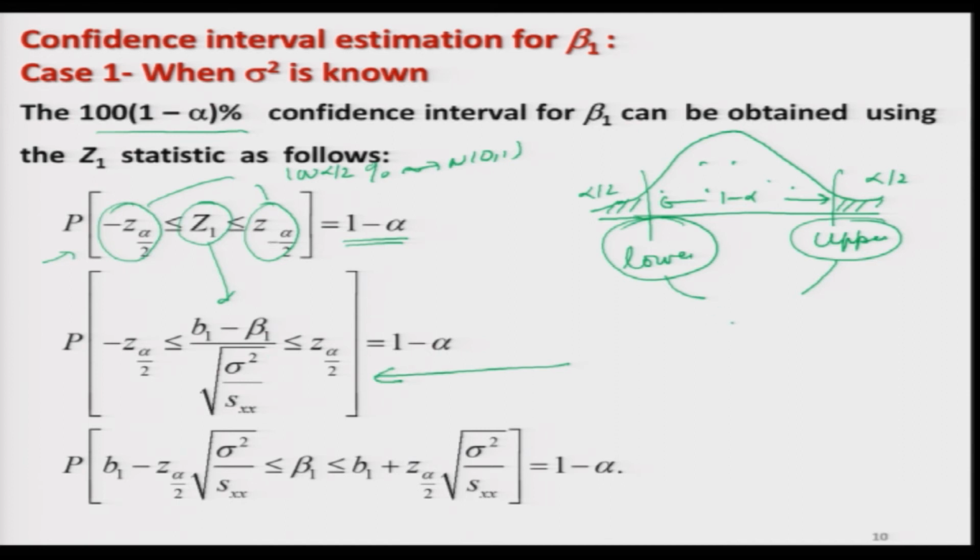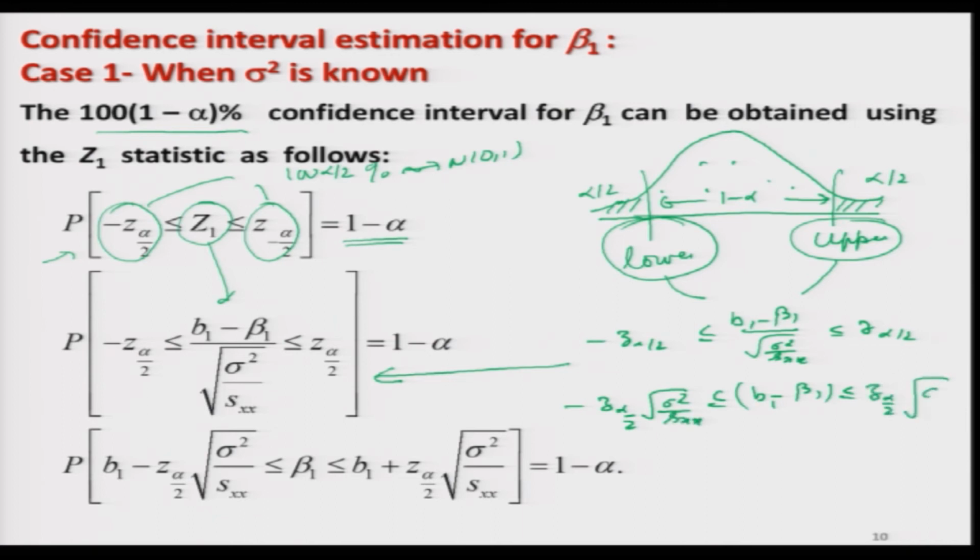You can write down this thing here B1 minus beta 1 upon square root of sigma square upon SXX, which is lying between minus z alpha by 2 and z alpha by 2, and this can be written here as B1 minus beta 1 lying between minus z alpha by 2 times square root of sigma square upon SXX, and z alpha by 2 times square root of sigma square upon SXX.